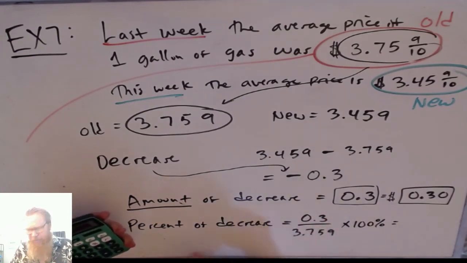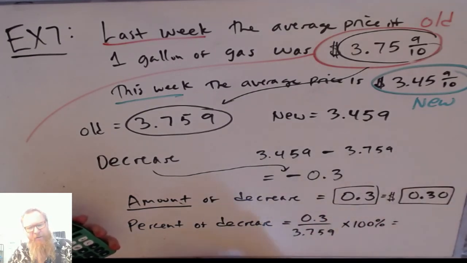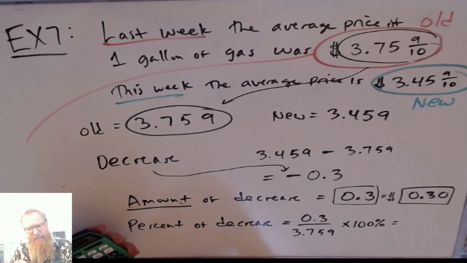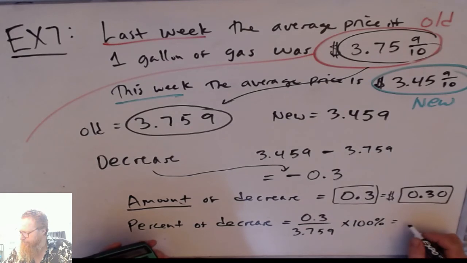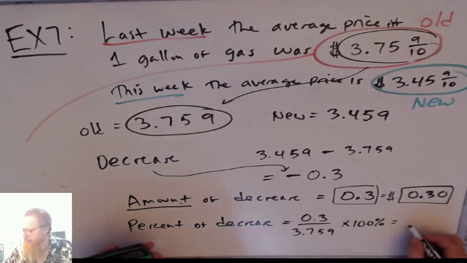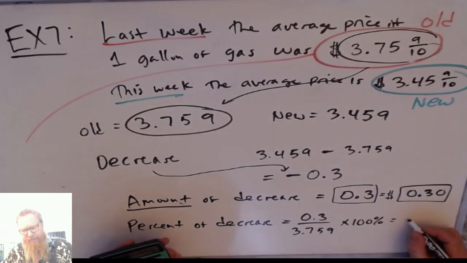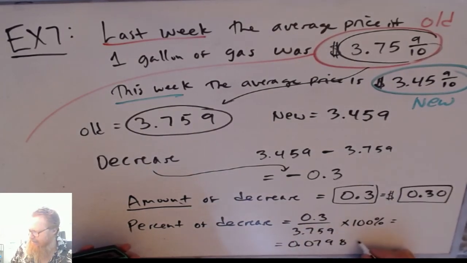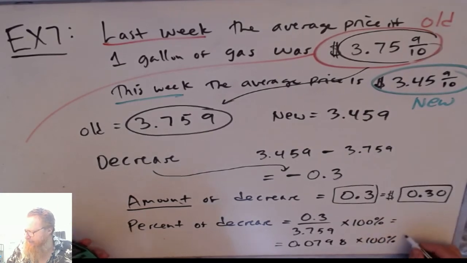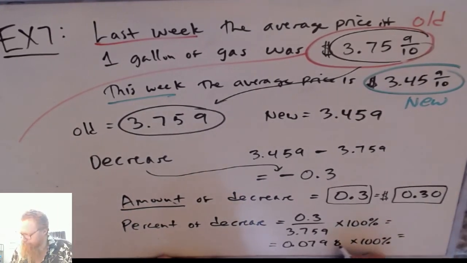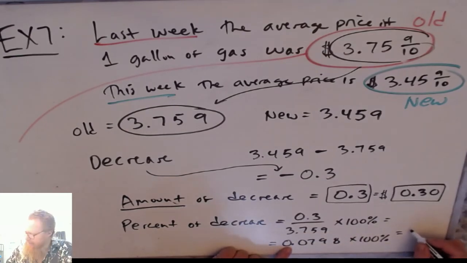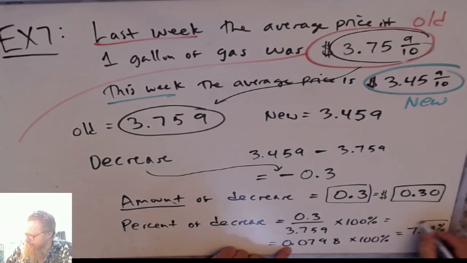So 0.3, or if you prefer 0.30, divided by 3.759 is, where do I write it? I'm going to write it here. 0.0798 times 100%. So I got to move the decimal 2 places. That is 7.98%.